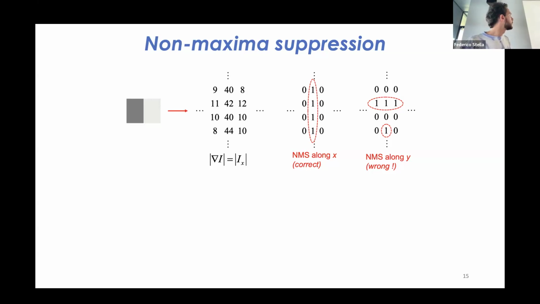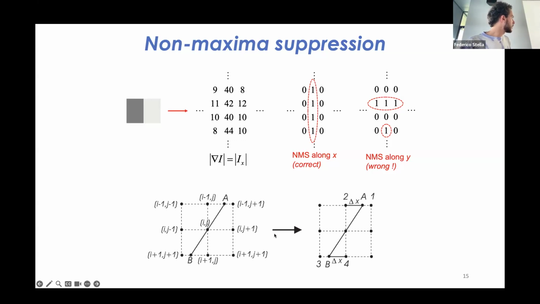So how do we do this? This is the X partial derivative, and we have another image with the Y partial derivative. So we have the direction of the gradient for each pixel. The direction of the gradient will tell us the direction of the edge, which is perpendicular to the direction of the non-maximum suppression operation.